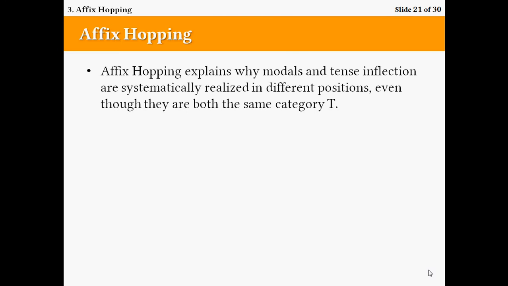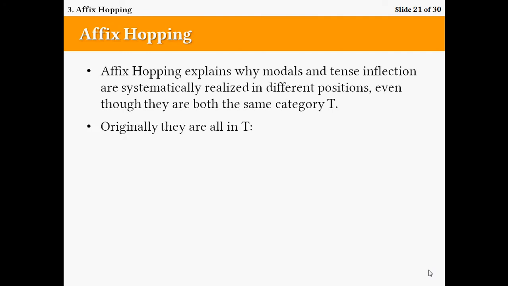Affix hopping is our solution. This explains why, even though modals and tense inflection are both the category T, they systematically show up in two different positions: modals are freestanding words, whereas tense inflection is an affix, and it has to be combined with a host.